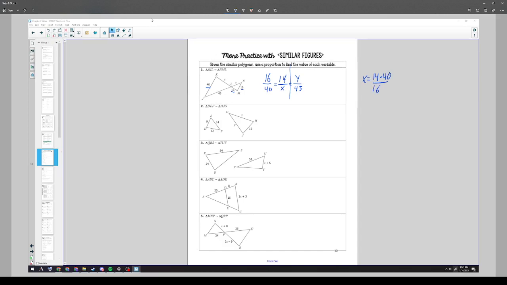I'm just using multiplication and division to multiply the x over here, multiply the 40 over here, and divide the 16 over here. So I move my terms around, and 16 and 40 are divisible by 4, so that's a 4 and a 10. And then this would be 7 and 2, and that would be 5. So x equals 35.